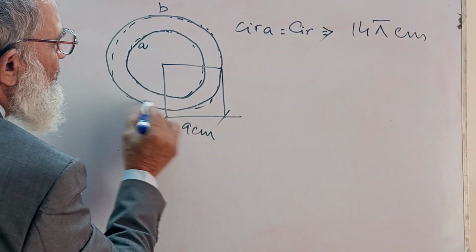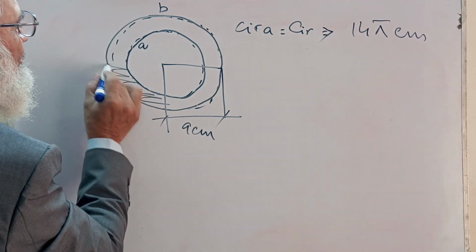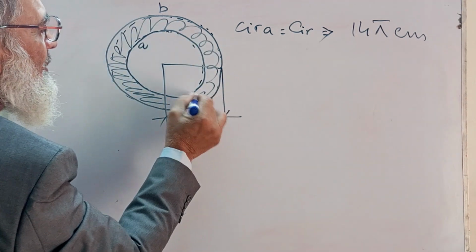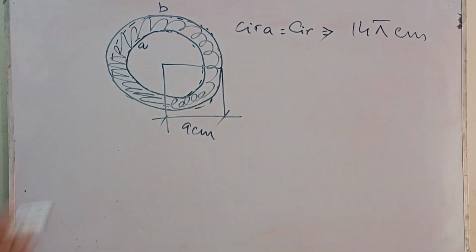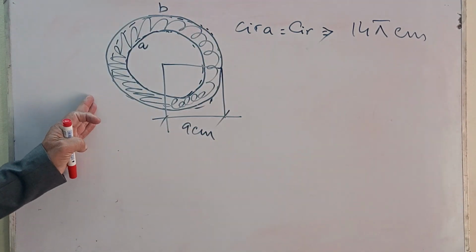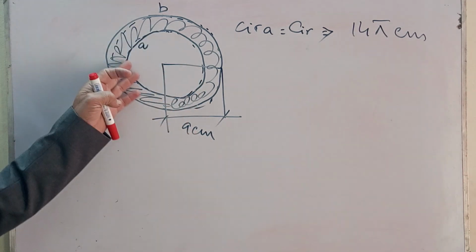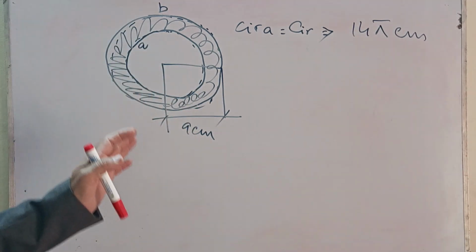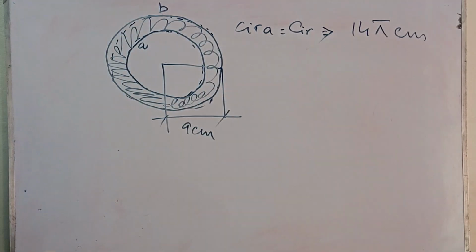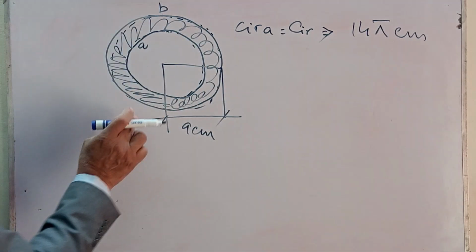Now this is the shaded portion. That means we have to find the area of the larger circle and the area of the smaller circle, and then we'll subtract the area of the smaller circle from the area of the larger circle, and we will get the area of the shaded portion.